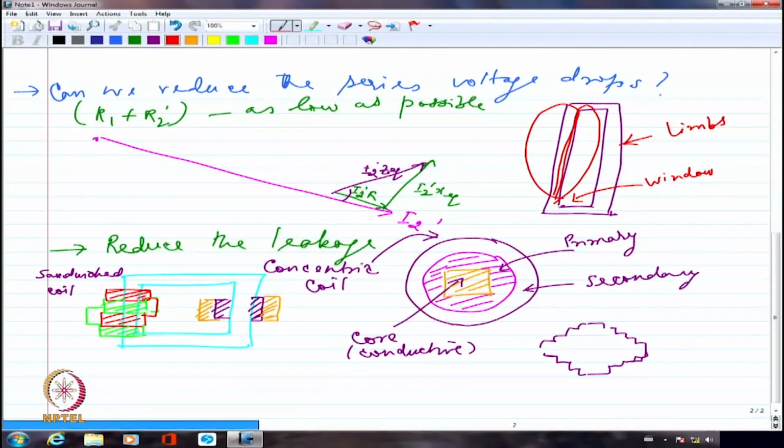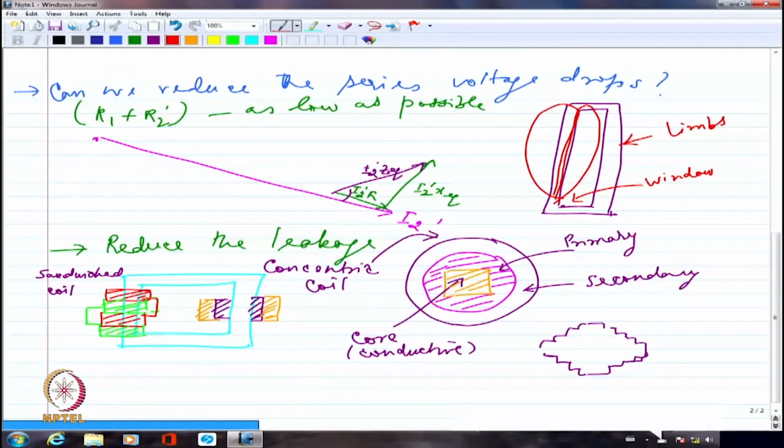One is to increase the length of the window. The second is to have sandwich coil. The third one is to have concentric coil. And the fourth one is shell type construction. We looked at shell type and core type. Core type construction exposes more of the surrounding air, whereas in shell type construction, the winding is mostly surrounded by iron, so hardly anything escapes into air.